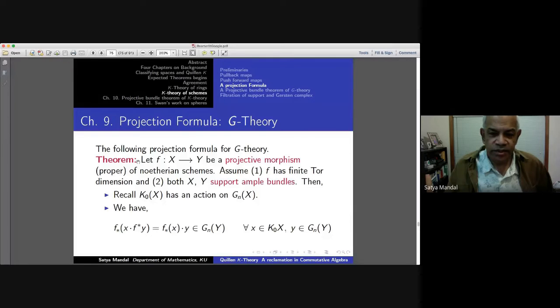If you have a projective morphism, I wrote 'proper' parenthetically, meaning it works for proper, but I won't go into the definition of proper. Anyway, all the applications are for projective morphisms. I'm assuming F has finite Tor dimension. I am also assuming X and Y support ample bundles.